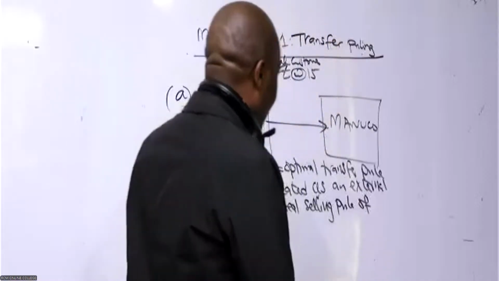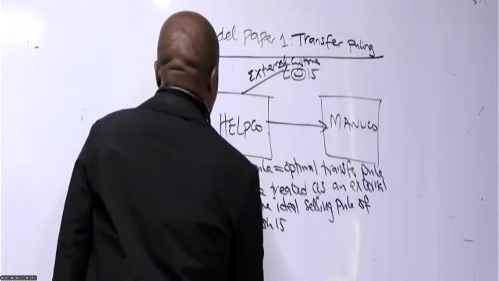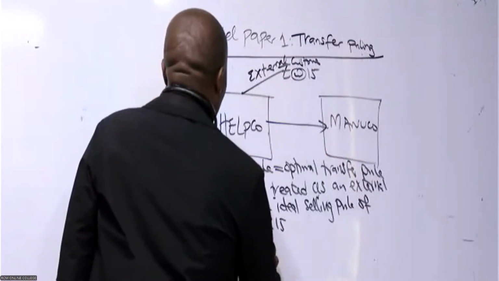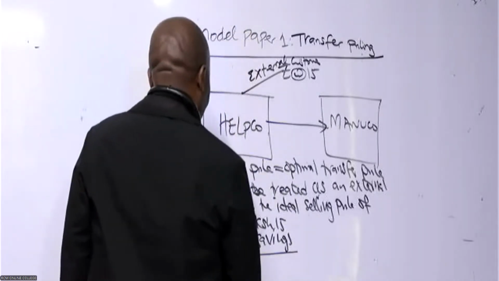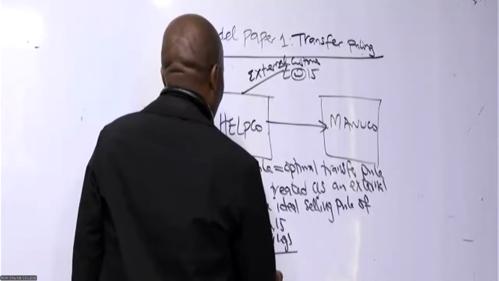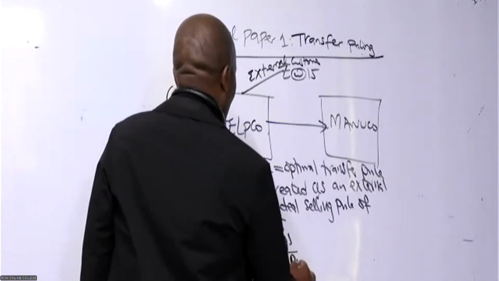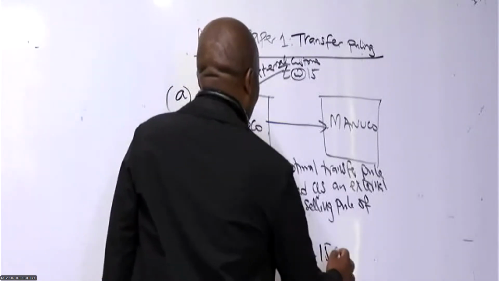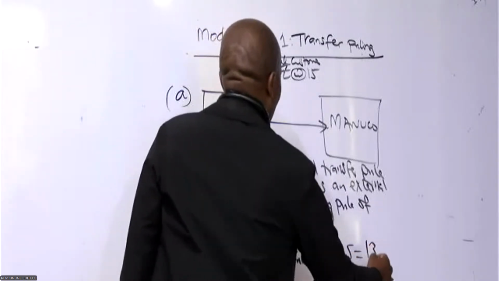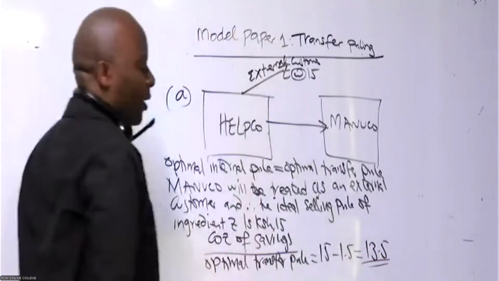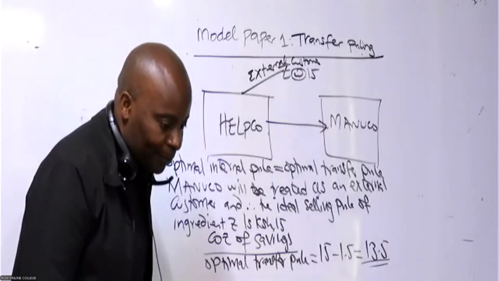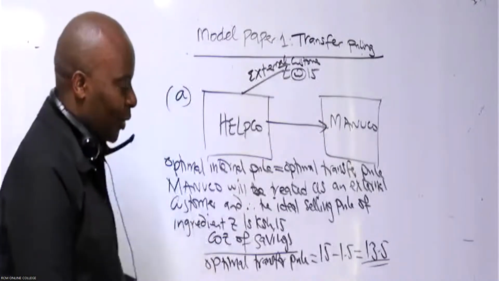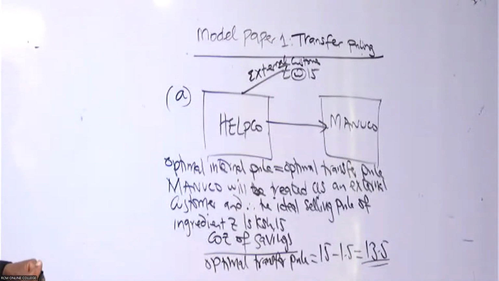Now, because of the savings on packaging price, the optimal transfer price will be 15 minus 1.5, which gives us 13.5.